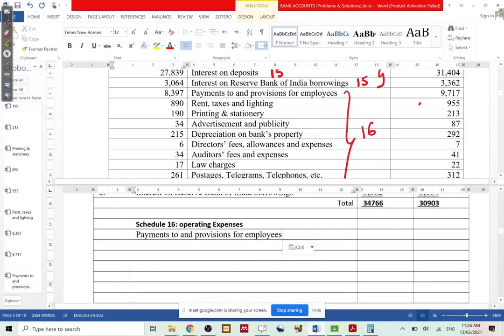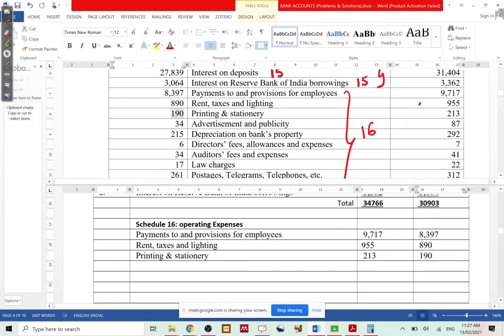Done. So operating expenses one by one. Payments, current year 9717, previous year 8397. Then rent, taxes, I just post all of these accordingly, copy them here. Okay, advertising, and you have current year, you have previous year.